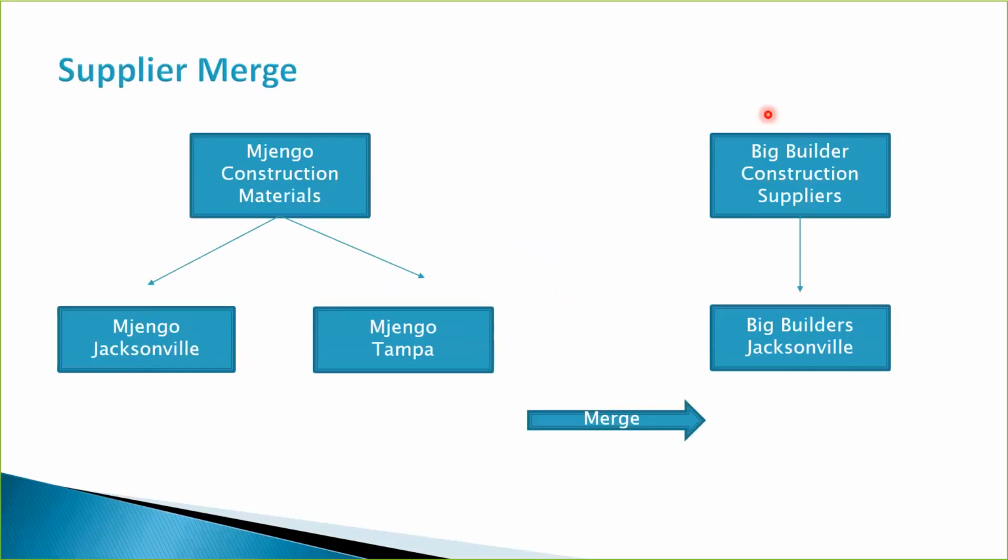So what happens is that if this supplier has one site based in Jacksonville, and Mjengo Construction had two sites, then these two sites will be merged and moved to this new site belonging to Big Builders Construction.